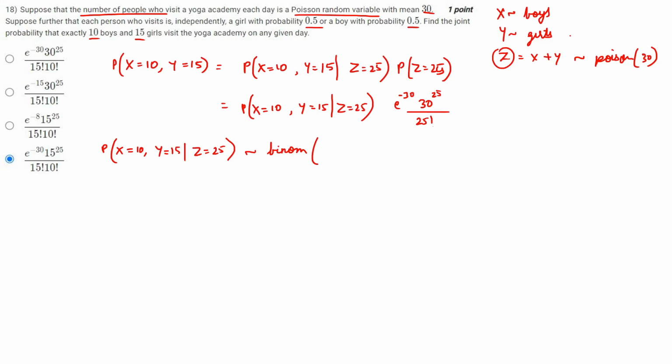So this is binomial with 25 and probability of success 0.5. So this is 25 C 10 into 1 by 2 to the power 10 into 1 by 2 to the power 15, which is nothing but 25 C 10 into 1 by 2 to the power 25.